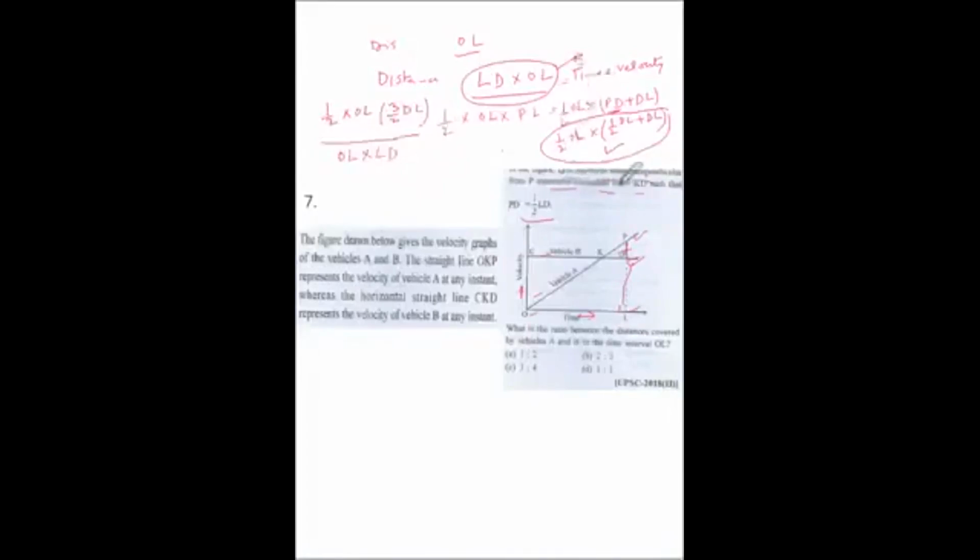So OL will cancel out, DL and LD are the same thing, so this also cancels out. So 3 upon 4 is the ratio. So C is the answer.